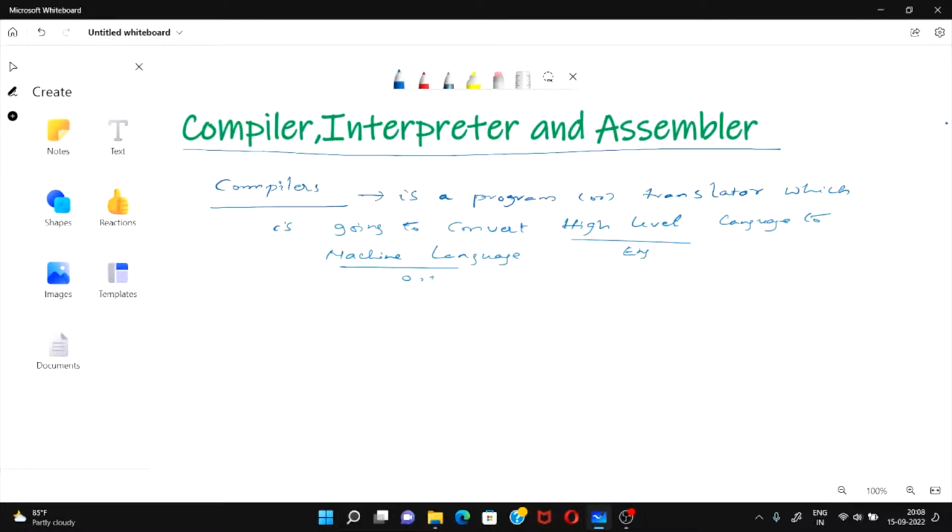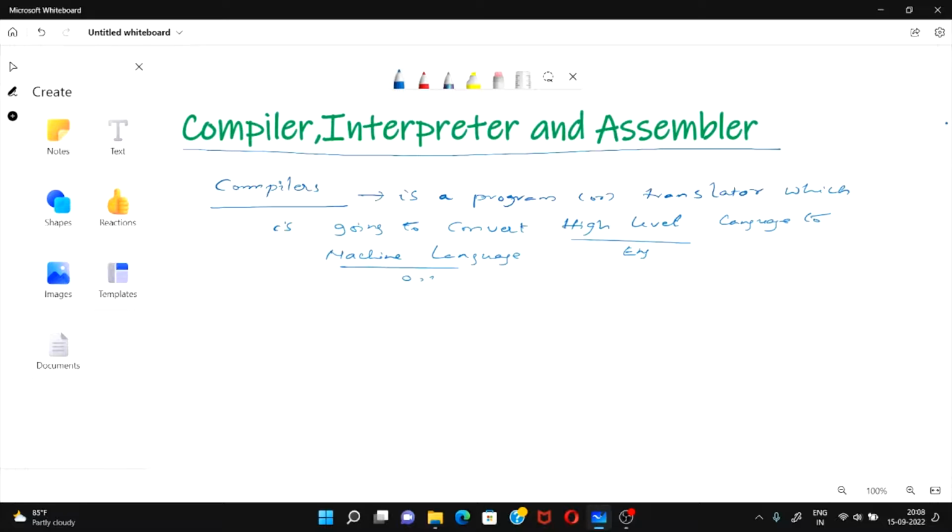And the translator has the capability to convert high level to machine as well as machine language to high level. Why? Because these are the intermediators between the computer and the human. So both are two different things. They are going to understand two different languages. So now the compiler is able to understand both the languages and it is going to convert one language to another language on both sides.